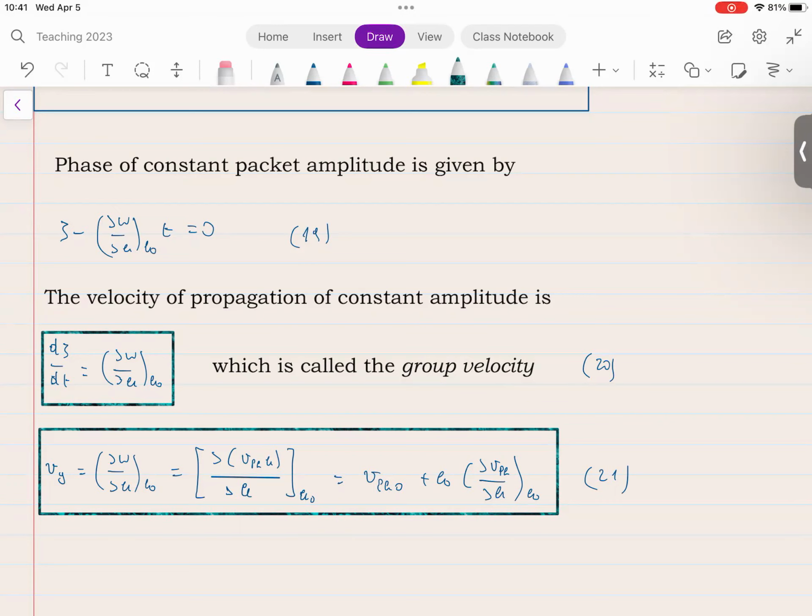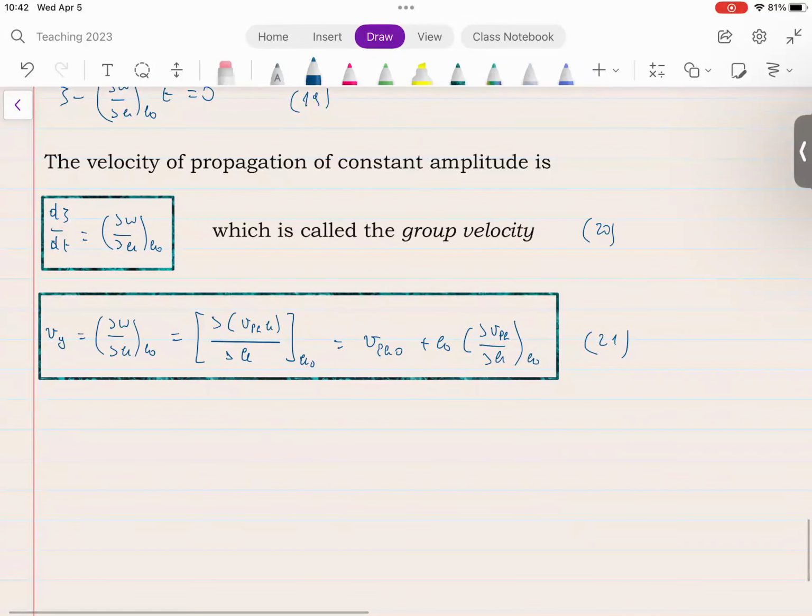So the group velocity is the same as the phase velocity. In that case, the medium is called non-dispersive, which is the case of free space, for which omega is k times c. If I take omega over k or d omega dk, I get c.